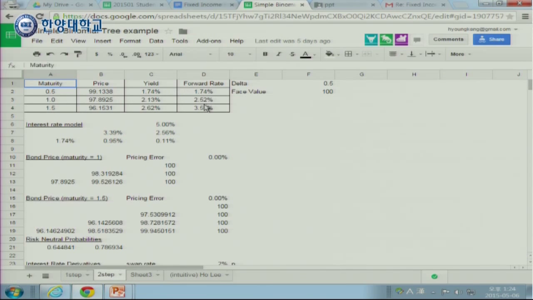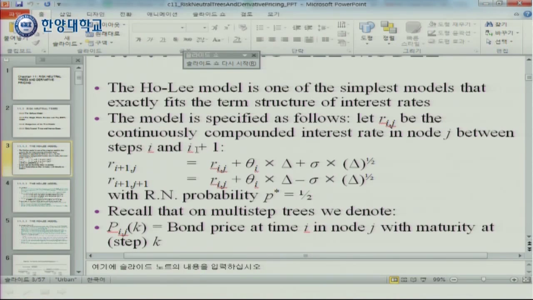Hohenly model exactly fits this data, exactly fits this yield curve. This is given. With this yield curve, we generate zero coupon bond price and forward rate. Of course, our previous risk neutral model also exactly fits the data, and Hohenly model is another one.